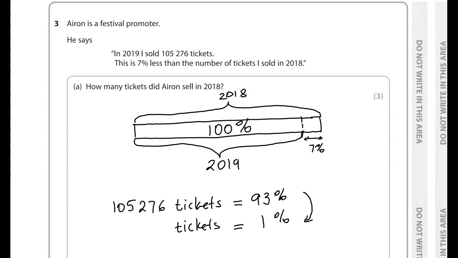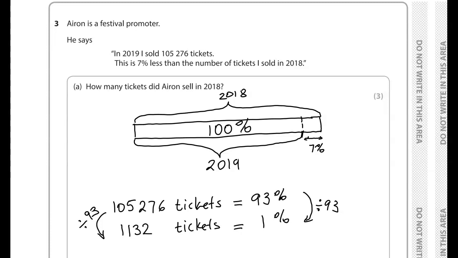So again, to get from 93 to 1%, we need to divide by 93. So we're going to do the same here. So 105,276 divided by 93 gives us 1,132 tickets.